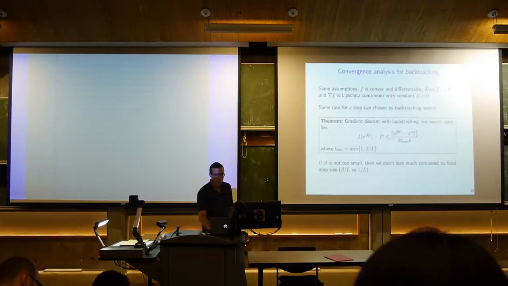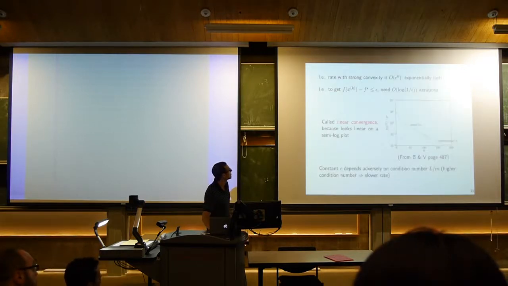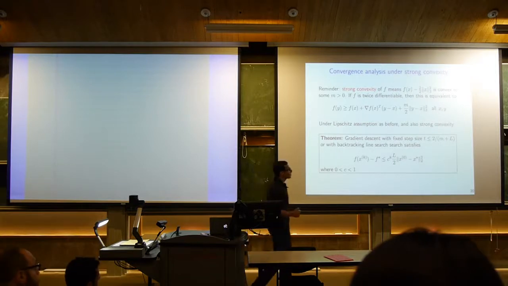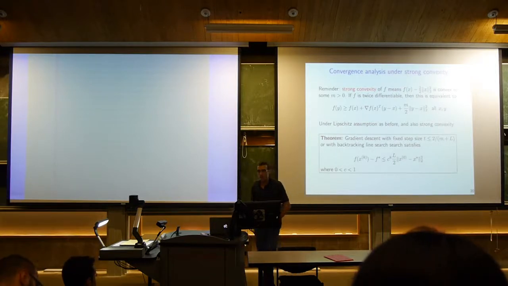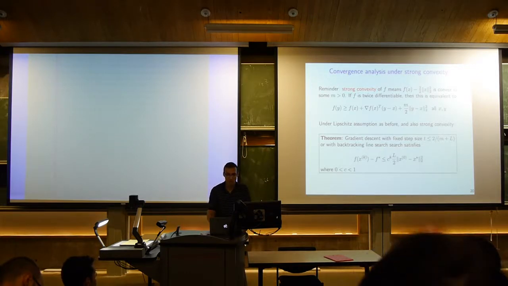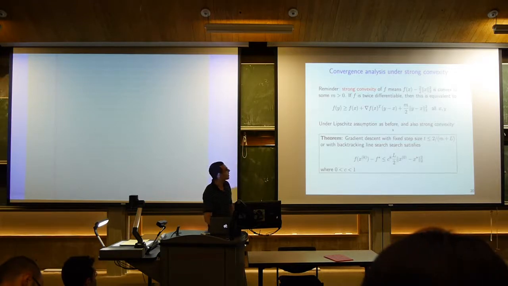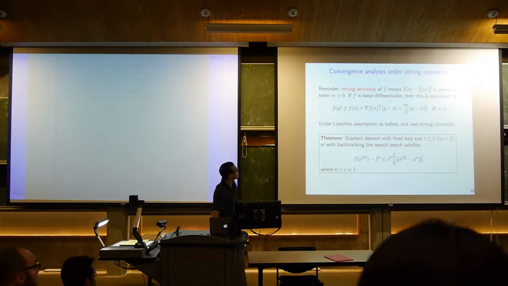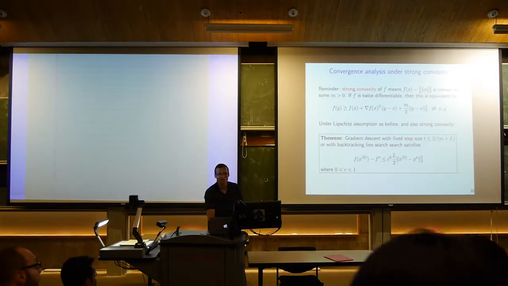The other regime that we looked at was the strong convexity regime. Now our function is not only differentiable and has a Lipschitz continuous gradient, under the same Lipschitz assumption as before, and is convex, we also assume that it's strongly convex. We talked about this quite a bit when we learned about convexity, and you worked it in your first homework.